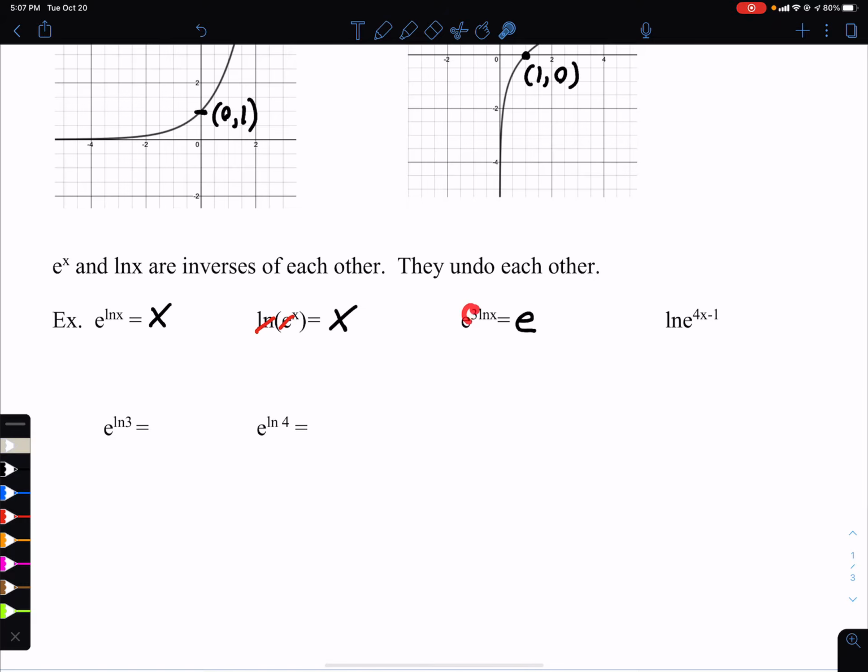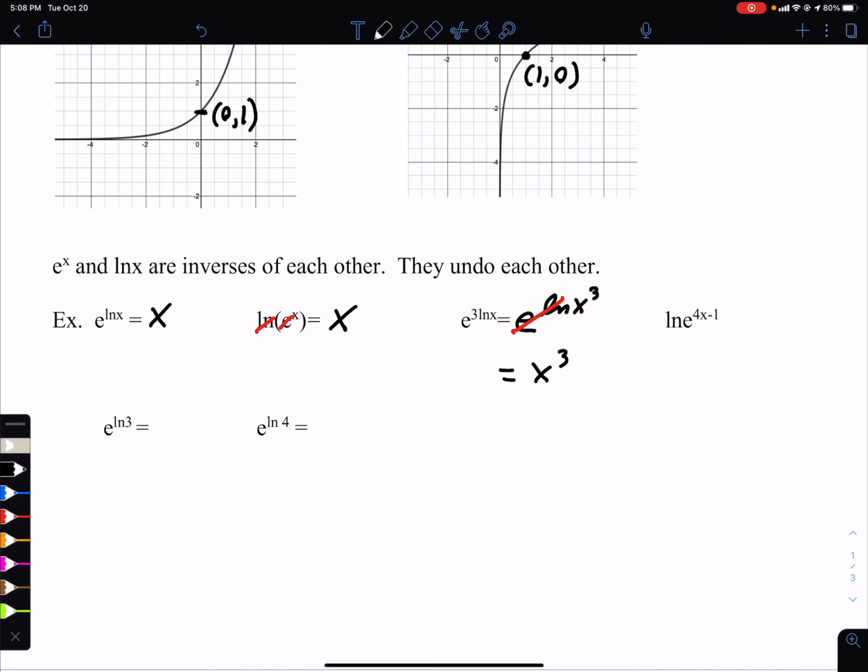That 3 can be moved to be an exponent on the x. So that could be rewritten as e to the ln of x cubed. That 3 can move in front or can stay on top. We chose to move it on top. Now we see the inverse functions cancel, and so now we can simplify this to x cubed.